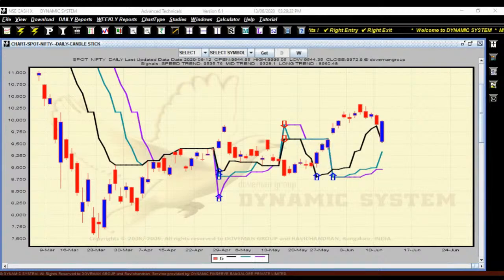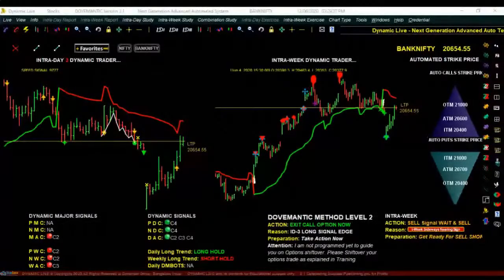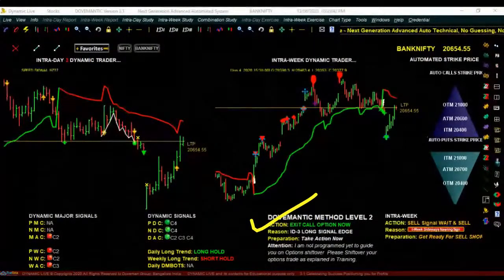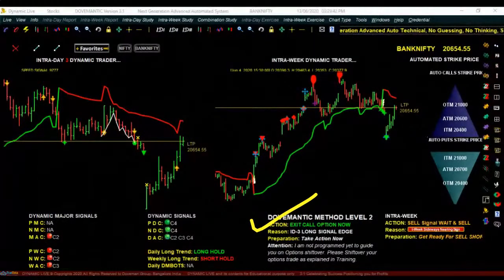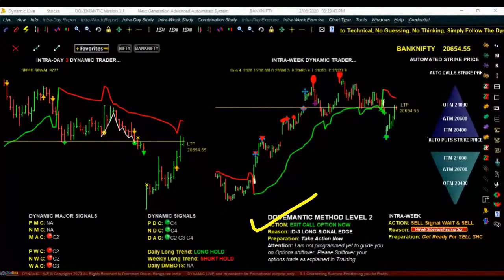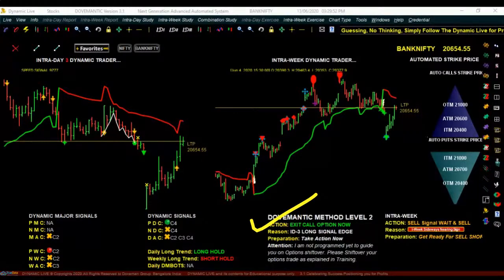So whichever stock or index that you're trading, and if it is in an in-between trend as per the dynamic system daily chart, then whatever trading opportunity that you get here, if it tells you to buy a call option or a put option, for every trade you must check the Tenkai signal. Even if there is no mismatch, you must still check the Tenkai signal to decide whether to do this trade or not to do this trade, just because it is in a clear in-between trend. Got it? So this is all that you're supposed to do. This completes the third step.